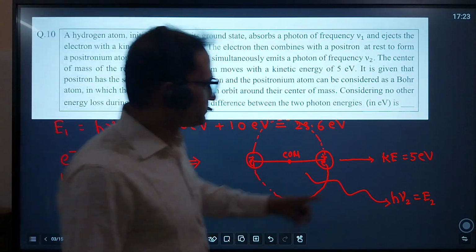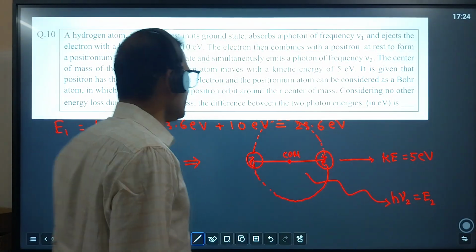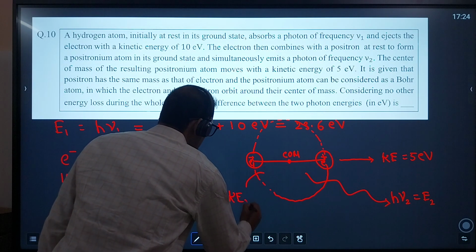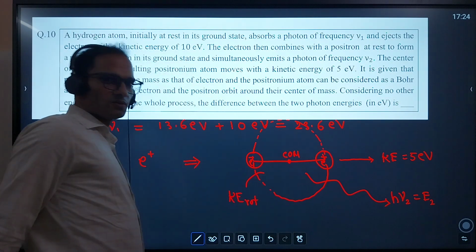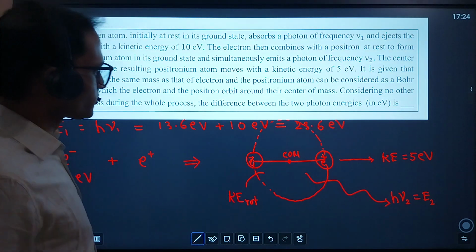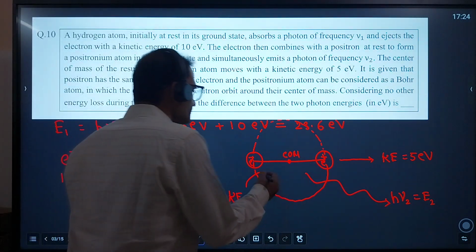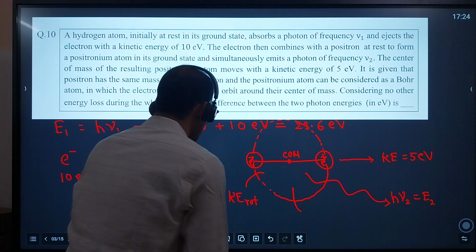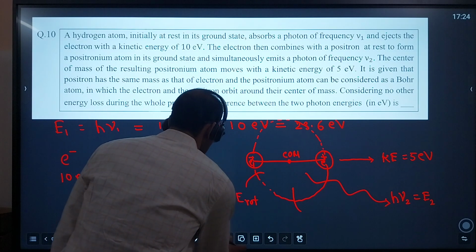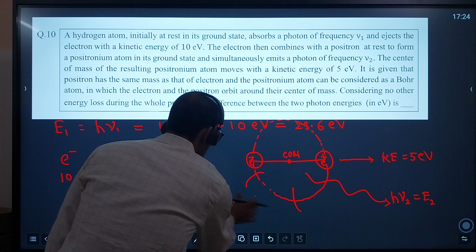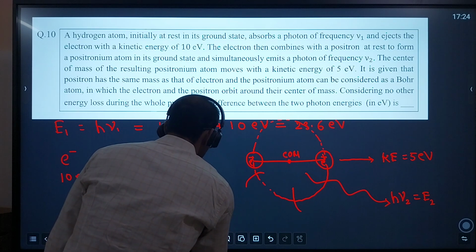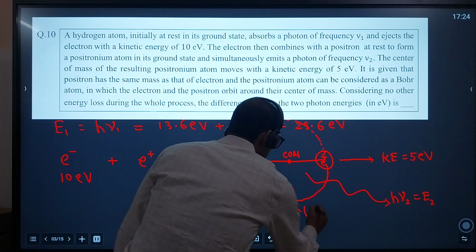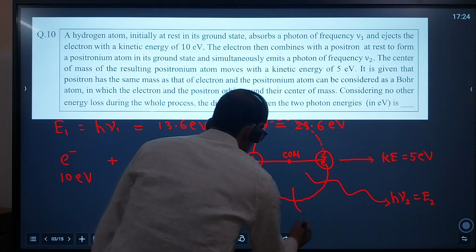Apart from this kinetic energy, it will have some rotational kinetic energy, K. And apart from this, it will have some potential energy also.